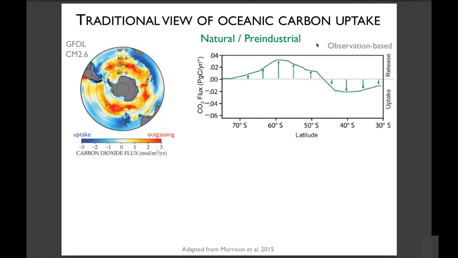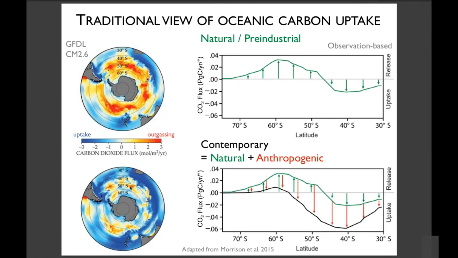To the north, nutrients also fuel a lot of biological productivity, so you get an uptake of carbon as the water moves further north in the surface layer. Superimposed on that is the anthropogenic signal, which shifts everything down towards more uptake of carbon as you're adding carbon to the surface from the atmosphere. So you still get a little bit of outgassing in this estimate around 60 south, and you can see this in the model as well, but you get a lot more uptake of carbon.